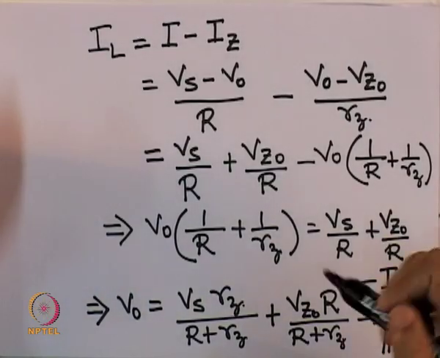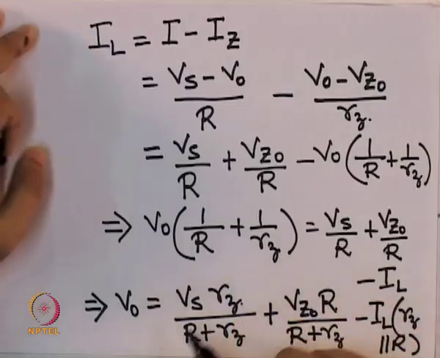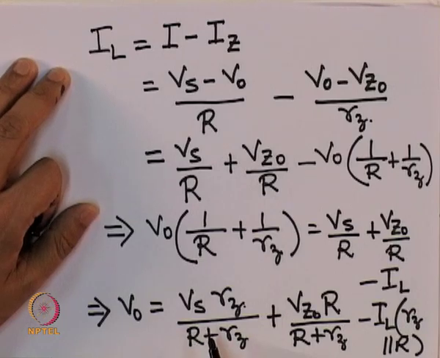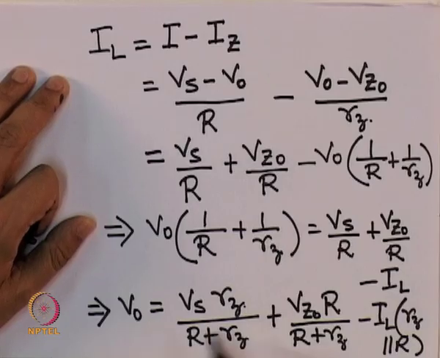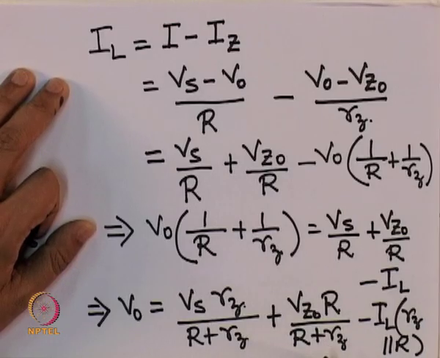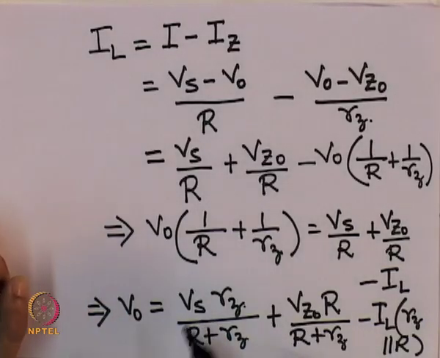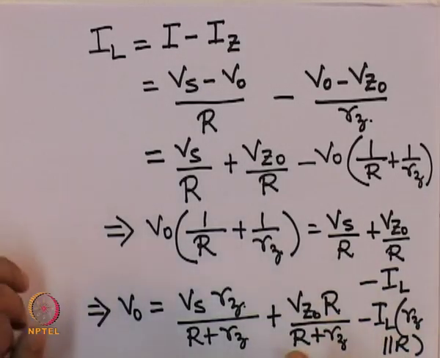So, what this equation basically means is that V 0 is a function of V s, and as V s varies, V 0 will also vary. Of course, it will depend on the other parameters of the circuit like this capital R and small r z, but it is not that if V s becomes very high, then V 0 will stay constant. It is not a perfect cutoff like that.